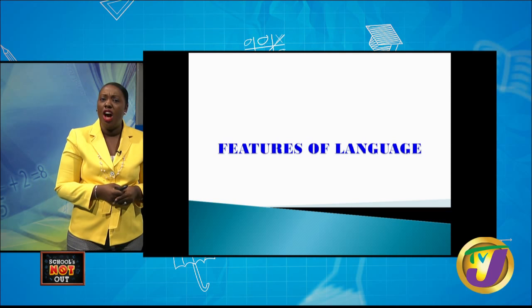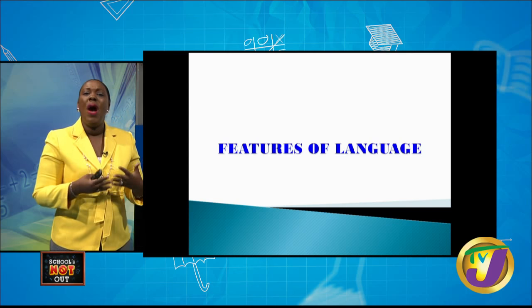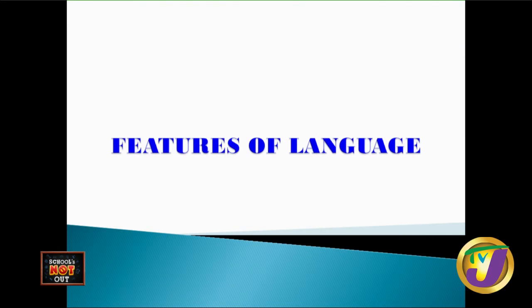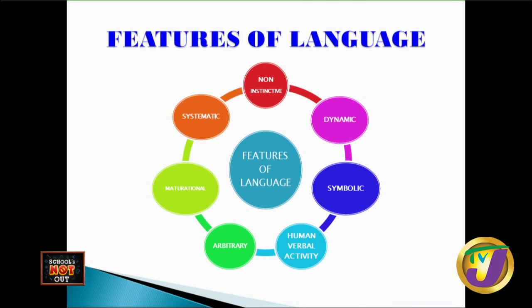So let us look at features of a language. So what makes a language considered a language? What characteristics should a language have? Now there are 7 key features of a language.